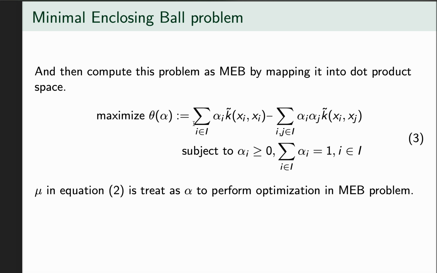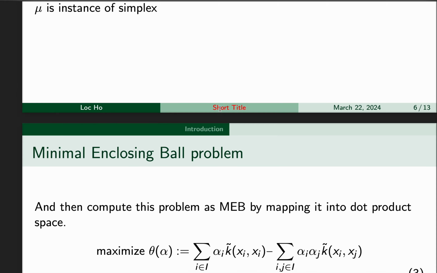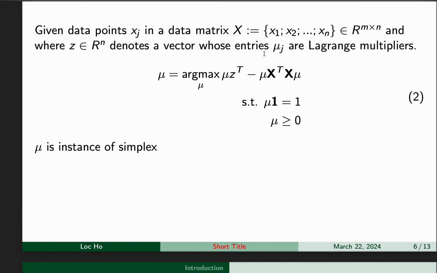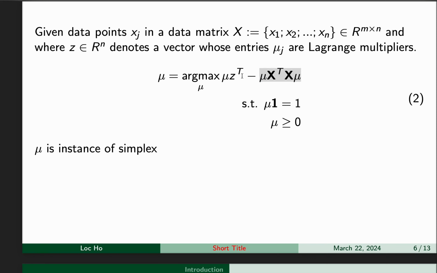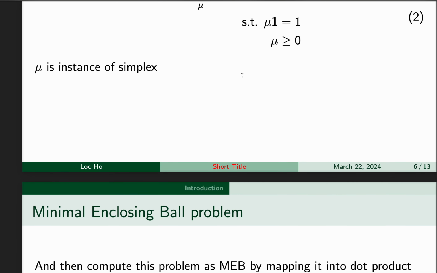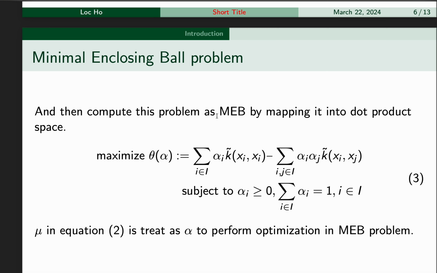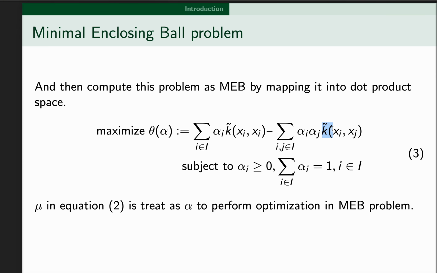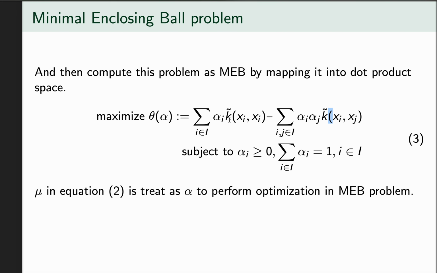Then to solve this, we embed this formula into a dot product space. In this space, we replace the S data matrix and dot products by the kernels, and we replace the μ parameter by the alpha parameter.